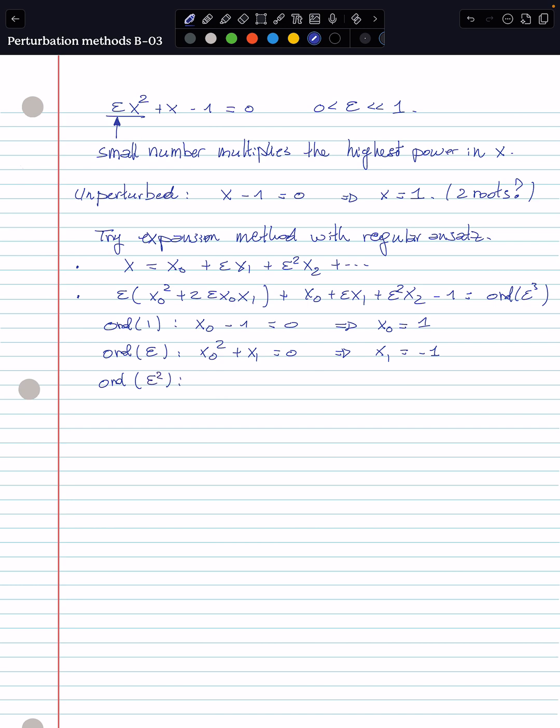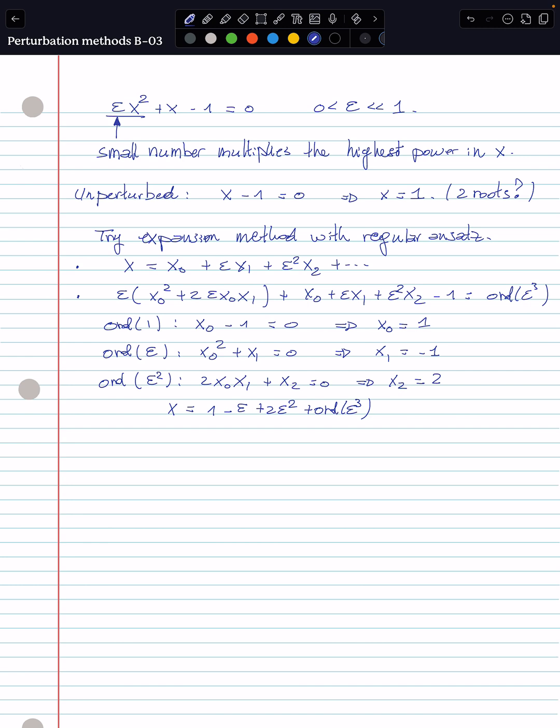And at the next order, epsilon squared times twice x0 x1 plus x2 is equal to 0, which means that x2 is equal to minus 2 multiplied by x0 x1, so that's plus 2. And the solution of the problem is x is 1 minus epsilon plus 2 epsilon squared plus terms of order epsilon to the third.